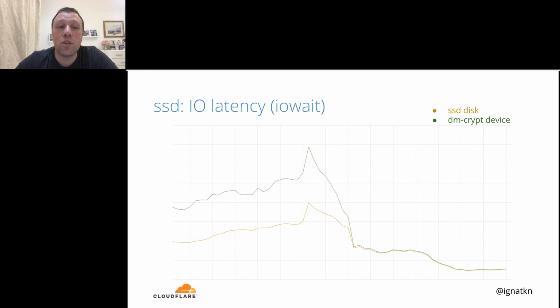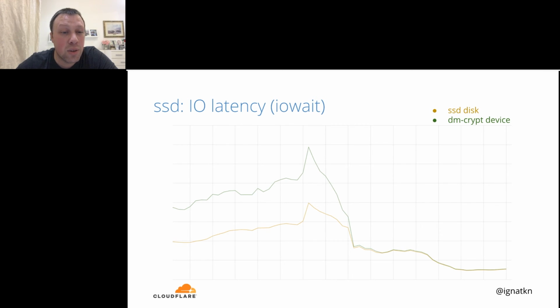To show you that we're not chasing ghosts here, this is a snapshot from actually our production system and real hardware. So this is a real SSD from our production, and here the yellow line is basically the measured IO latency of the raw disk itself, and the green line is the dm-crypt instance latency on top of the same disk.